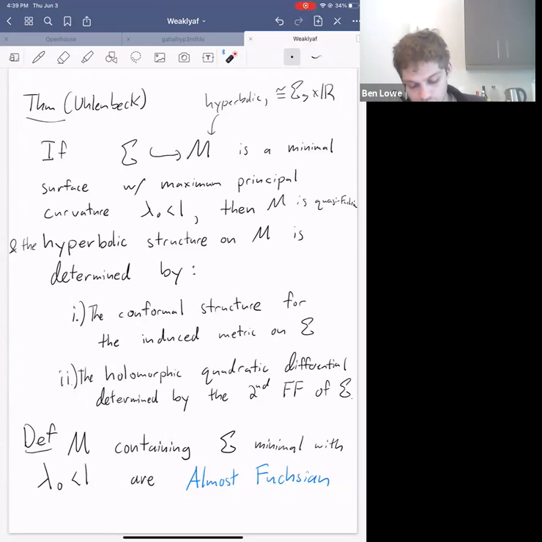I can't really say too much about how this is proved, but roughly what happens is you have your minimal surface in the middle, and then you flow out normally, by the normal exponential map for the minimal surface.